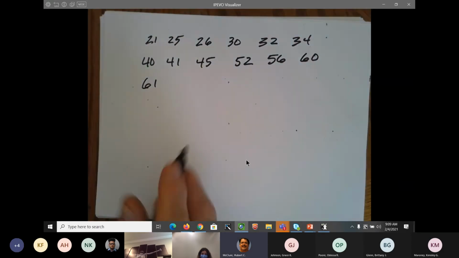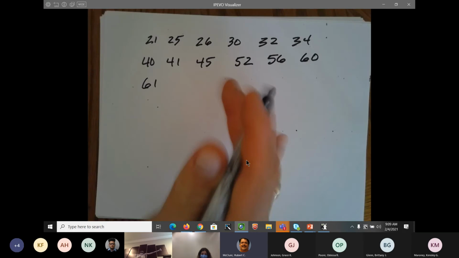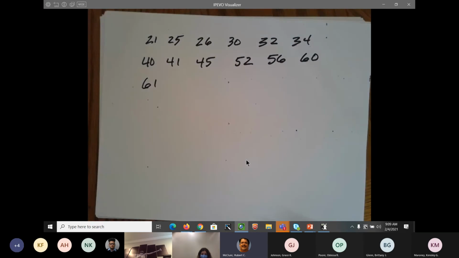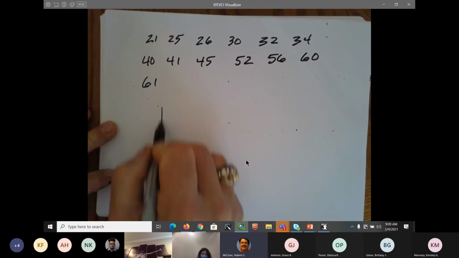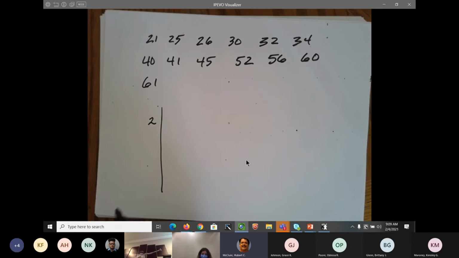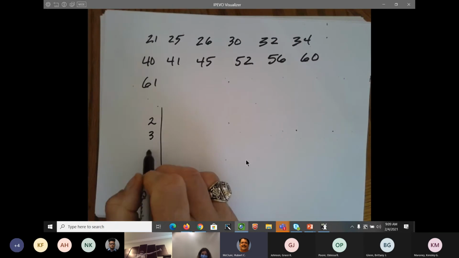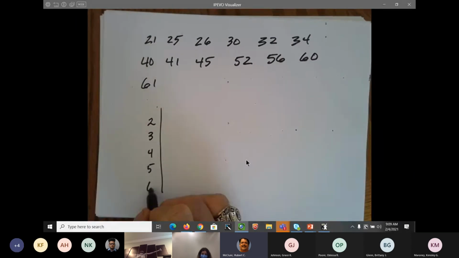That's just a table of values, and it's in order because it's easier when you put the data in order. And what's my lowest value? 21. So I draw my stem and leaf, and the stems are 20, 30, 40, 50, and 60. And now I just put my values.